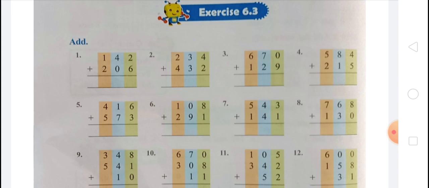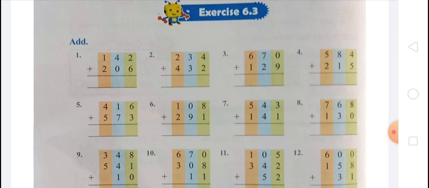Okay, question number 5, 416 plus 573. In 416, 6 is on the ones place, 1 is on the tens place, 4 is on the hundreds place. And in 573, 3 is on the ones place, 7 is on the tens place, and 5 is on the hundreds place. In the first step we have to add the ones, that are 6 and 3. So 6 ones and 3 ones equal 9 ones. So there will be 9, 6 plus 3 equals 9.